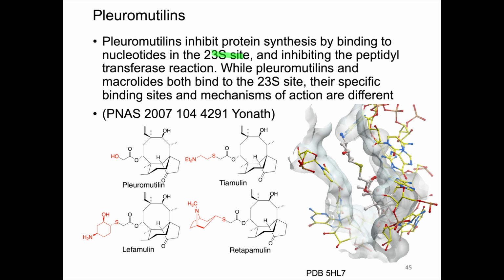And so the reason why I've shown this particular structure is that all of the functionality that remains the same, the business end, if you like, sticks down into the cleft where the ribosome loops around, and then extending out from that is the functionality that can be varied. And so all of those structural analogues are shown here, so you can see where the structure changes.